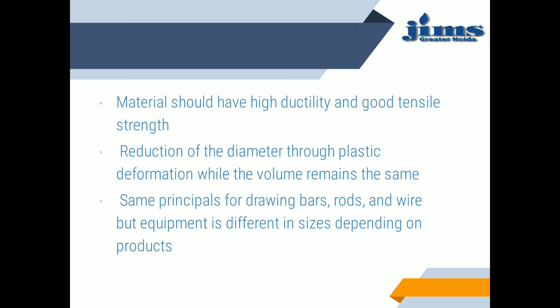The material should have high ductility and good tensile strength for a drawing operation. There is reduction of the diameter through plastic deformation while the volume remains the same. That is the most critical and vital point for the drawing operation.